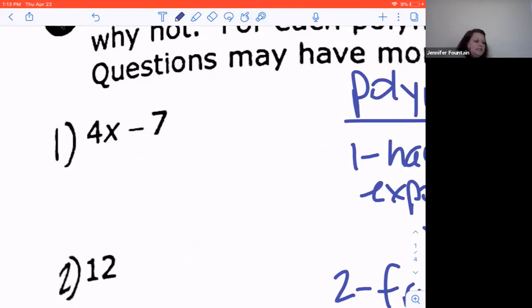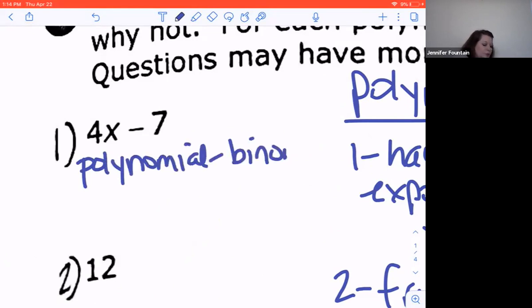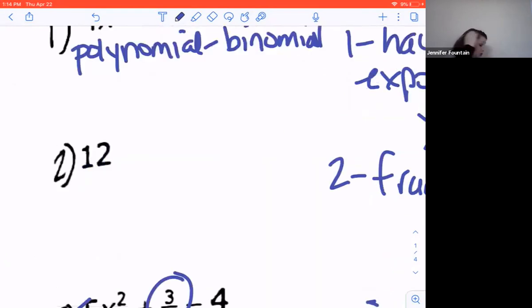4x minus 7. This is a polynomial. And it is a binomial because it has two terms. Now look at number 2, the number 12. This is a polynomial.